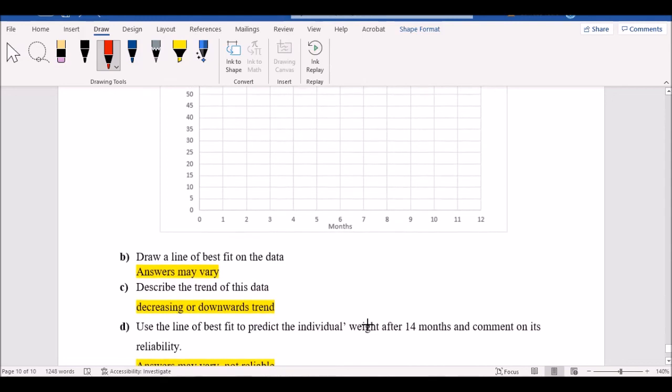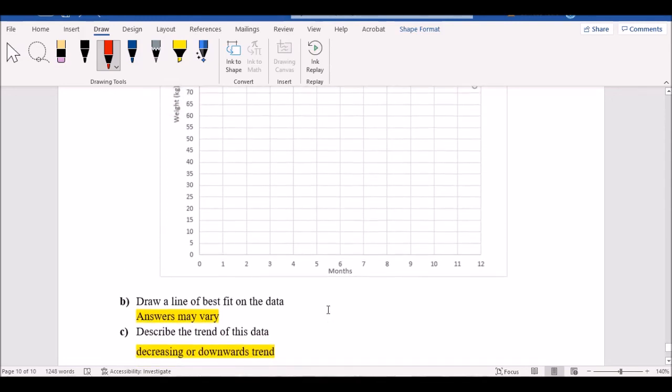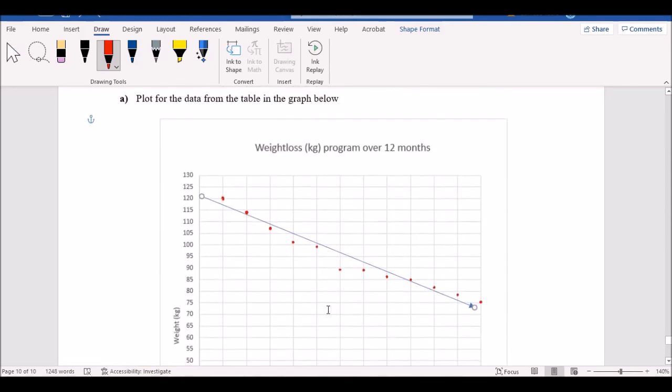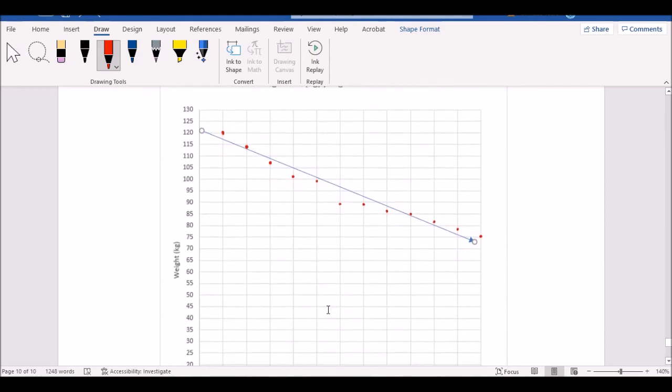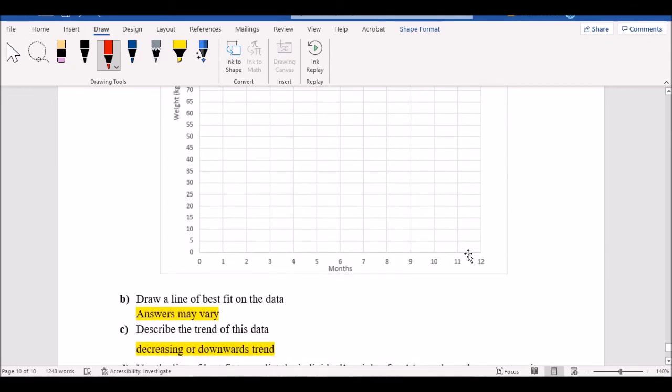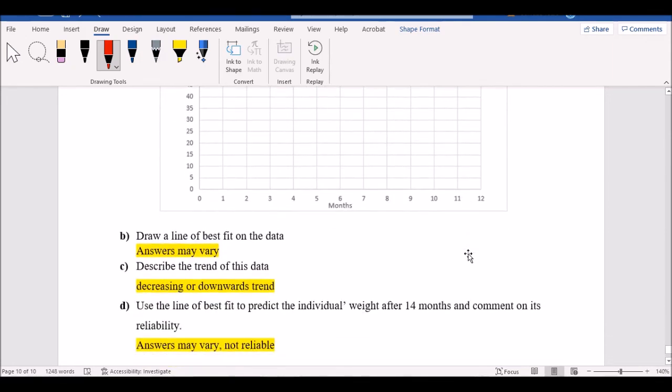Next question is describe the trend. It's decreasing downwards trend. So if you just wrote downwards trend, I'll give you the mark for it. It should be downwards. I just want to see downward and trend, those two words. And then use a line of best fit to predict the weight of the individual after 14 months.